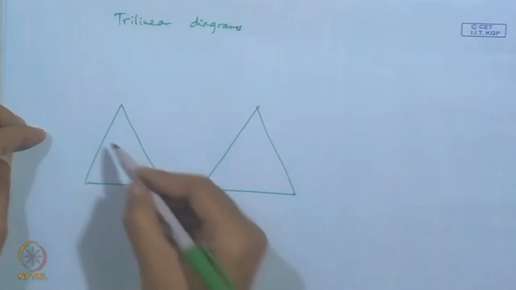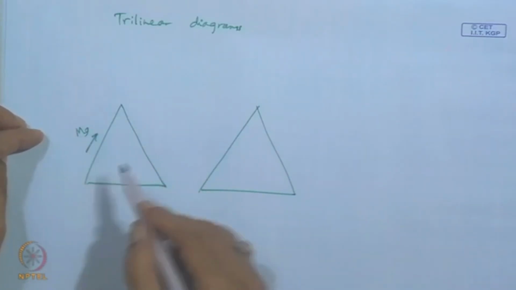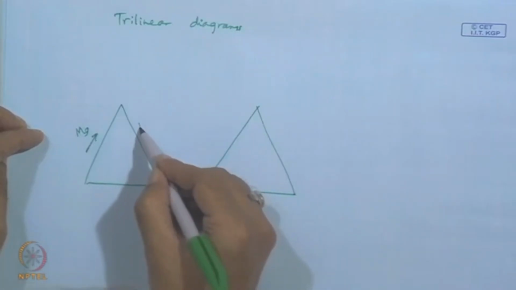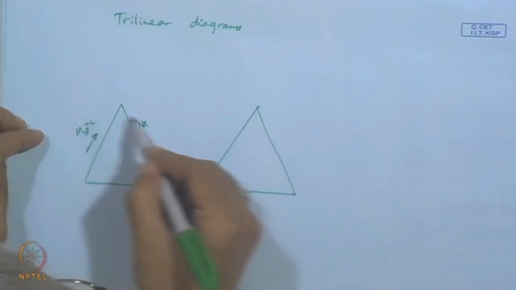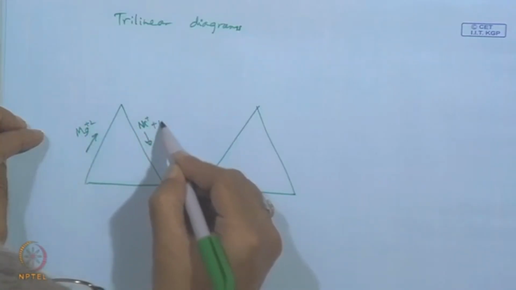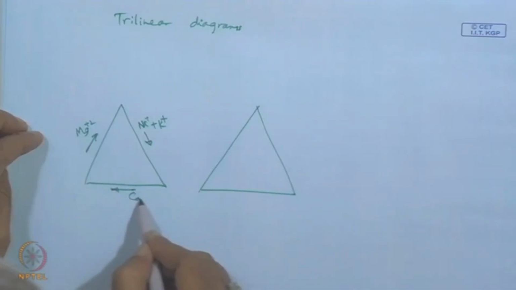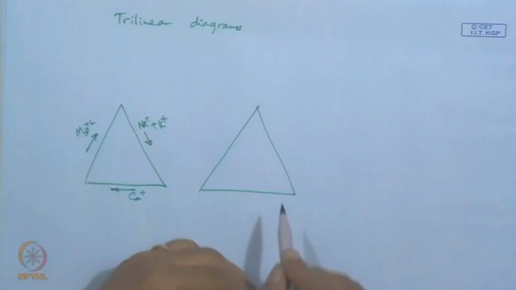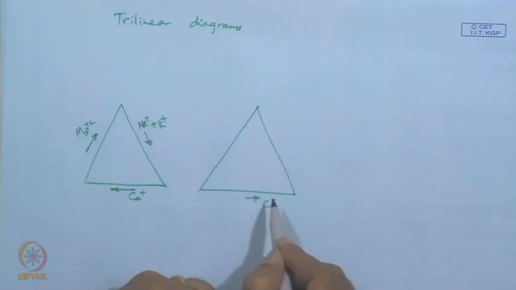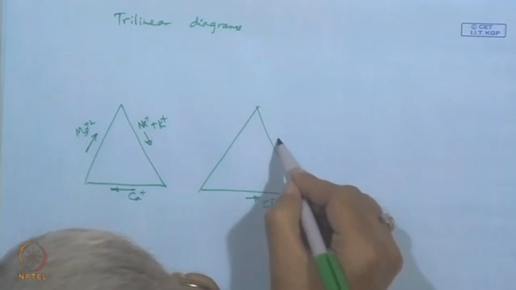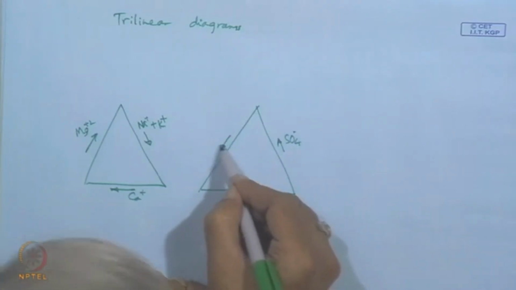The left triangle will have the cation concentration, so this is Na plus K, and here this will be Ca, and the right side will have anion concentration.